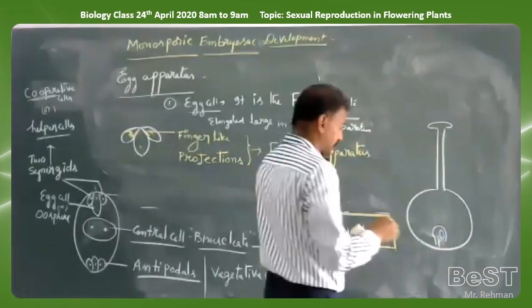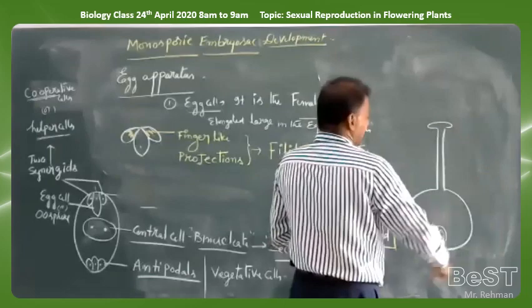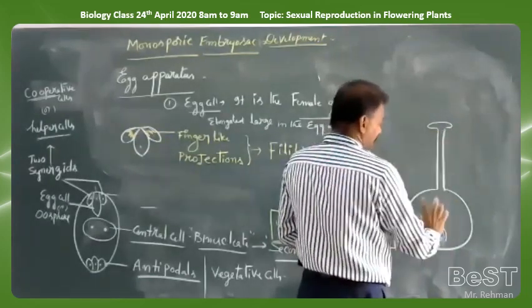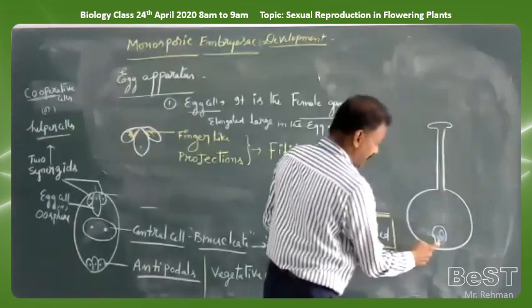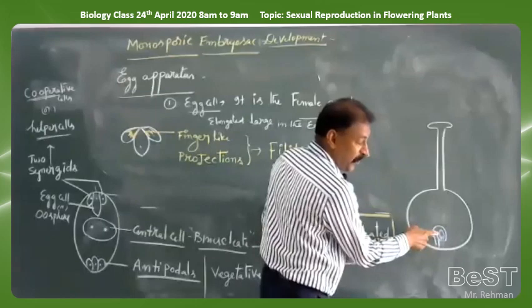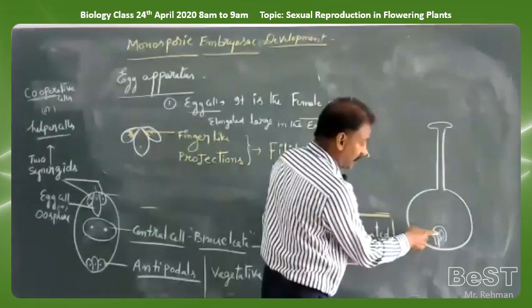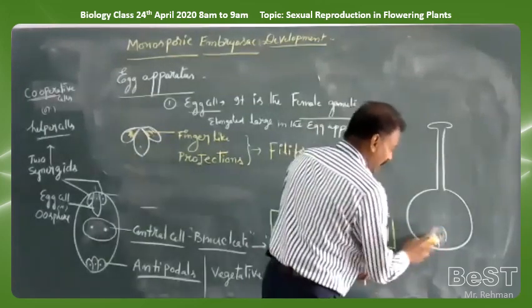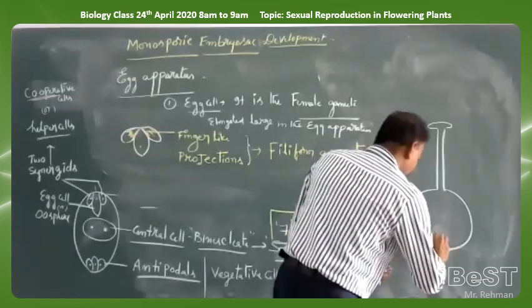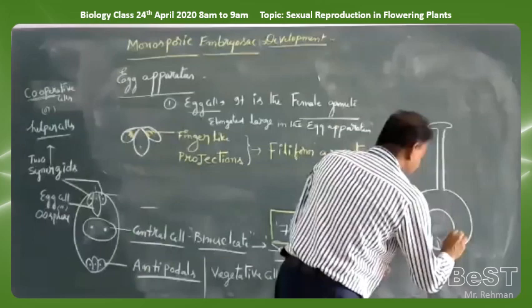So, this is the carpellar pistil: stigma, style, ovary. Inside the ovary, ovule; inside the ovule, embryo sac or female gametophyte. This female gametophyte or embryo sac, I want to show as a large structure.